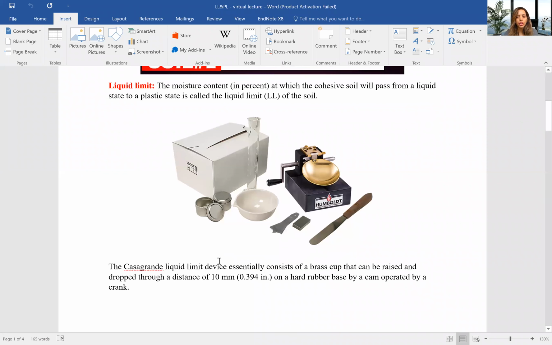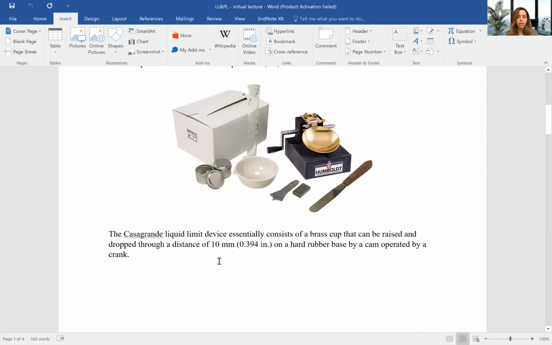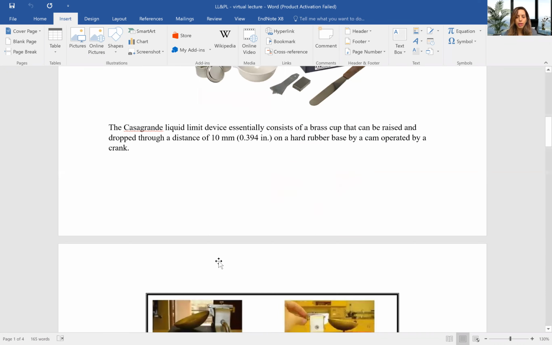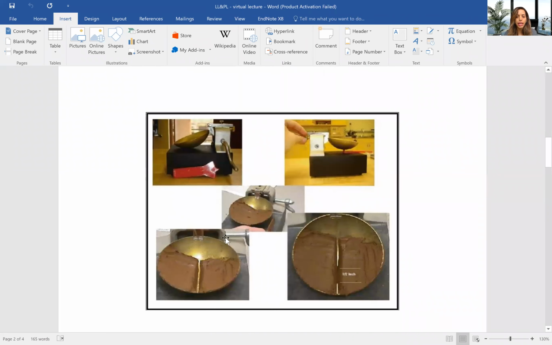What we are going to do is mix the dry soil in the bowl with water. We don't want it to become too loose. We want it to become like a paste. Then we put this paste in the Casagrande cup, the way that is shown in the picture here. Then we use a grooving tool to create a groove along the center line of the soil.